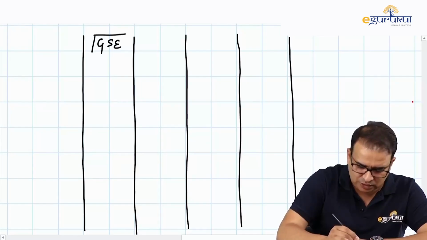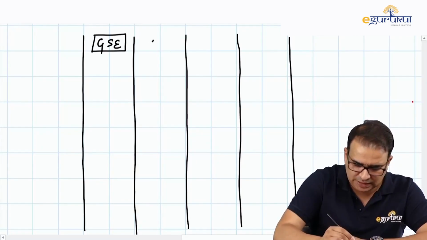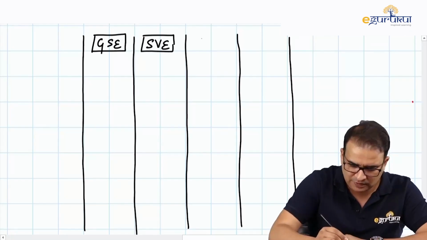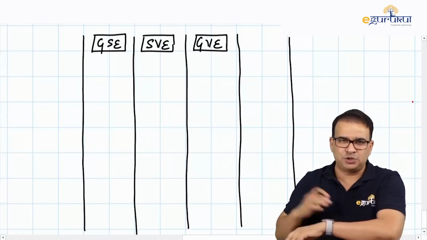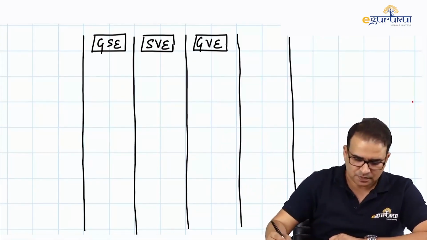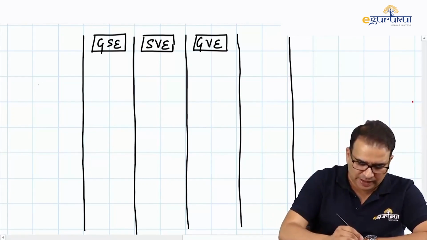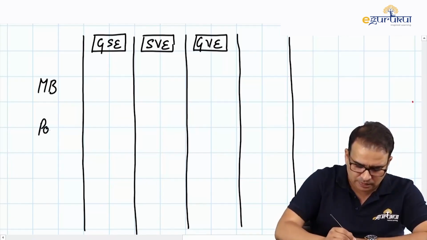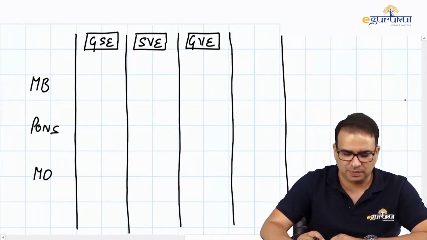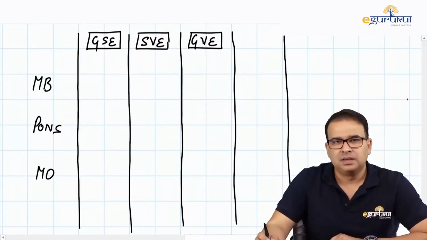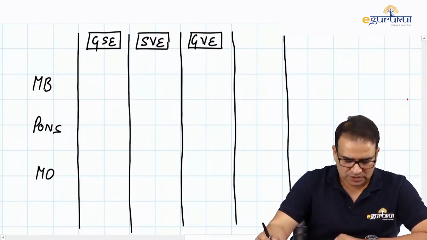After GSE comes SVE, special visceral efferent, followed by GVE. Now let's stop here. Let's first talk about these 3 columns and then we'll add the rest. Make sure you leave some space on the side. Obviously, all these cranial nerve nuclei are present in the brainstem, so they are present either in the midbrain, in the pons, or in the medulla oblongata. Let's say these are the 3 parts of the brainstem: midbrain, pons, and medulla oblongata.